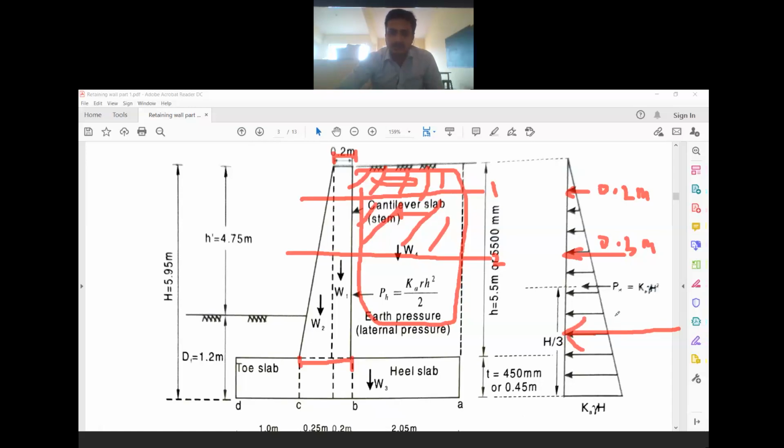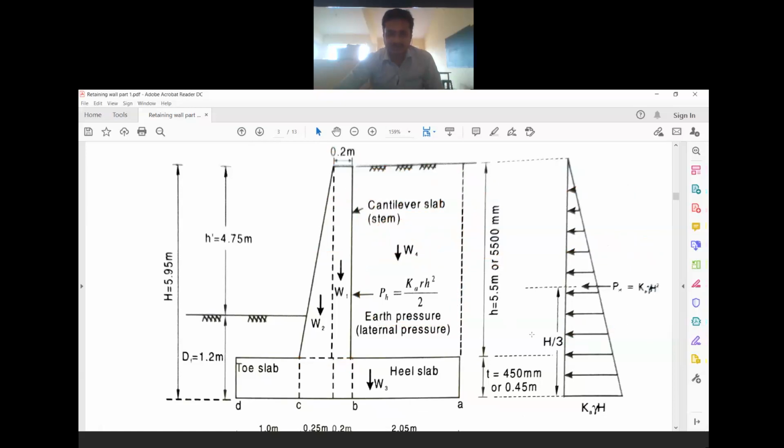Here you may get say 0.5 or 0.6 thickness. Since the requirement of thickness varies throughout its height, as the pressure increases when we go deeper, the thickness of the stem increases as we go downwards. That is why the thickness of the stem is higher at the bottom and minimum at the top. Okay, so this is the reason.